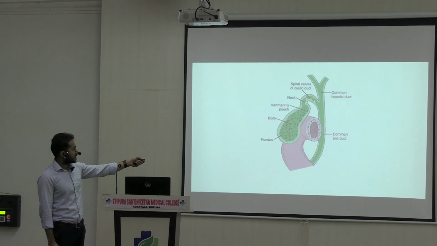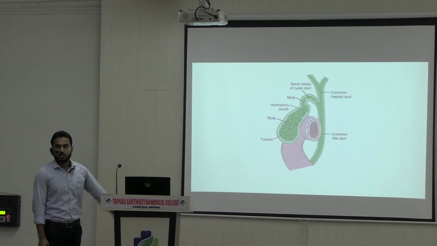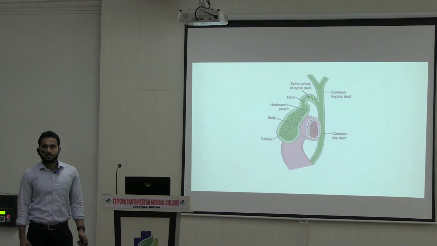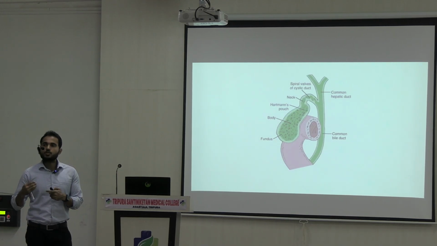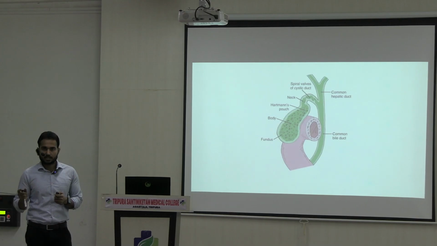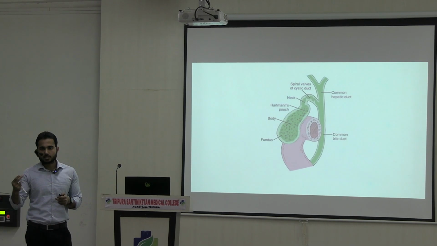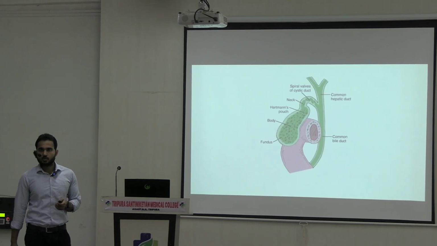They start from the neck and extend up to the cystic duct. These spiral folds of mucous membrane are called the valve of Heister. This mainly controls the flow of bile when it is going in and when it is coming out from the gallbladder.